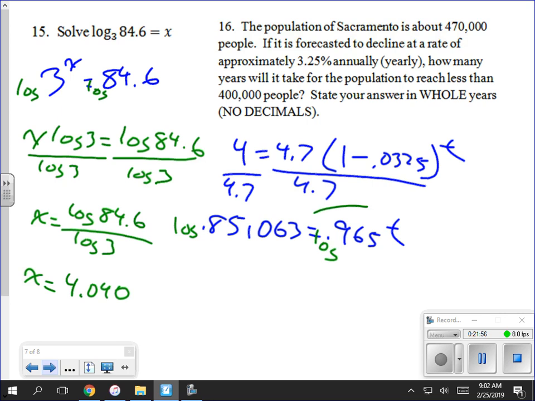Bring the power down out in front. T log of 0.9675 is equal to the log of 0.851063.